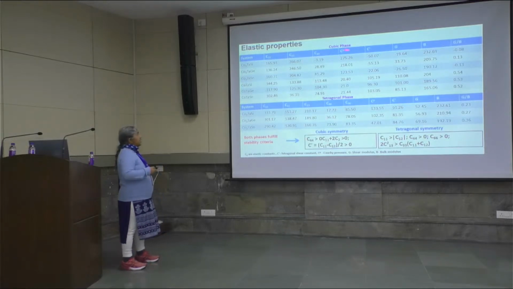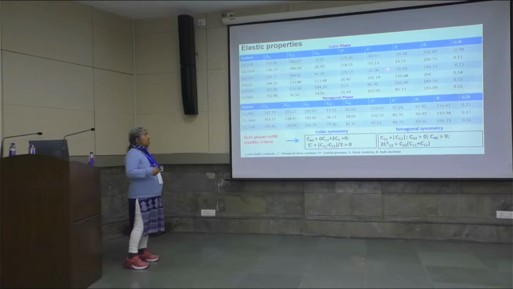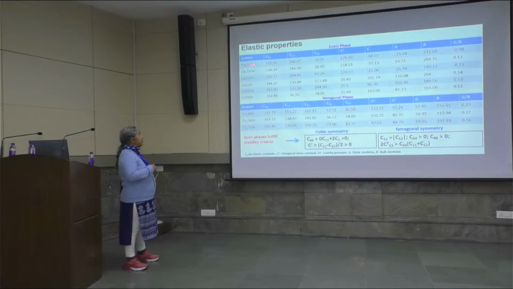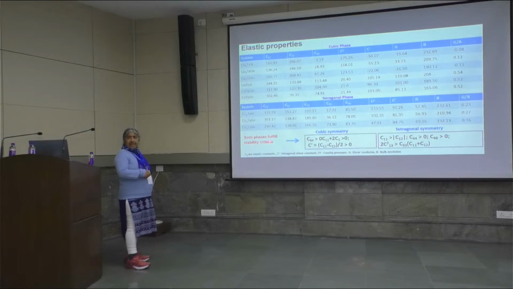Elastic properties are always calculated because, as Professor Pandey also said, these are very important properties, and many things one can discover or come to a conclusion on the basis of elastic properties. Here I am just touching on the stability criteria. For cubic symmetry, these are all the elastic constants, as well as C prime, the tetragonal shear constant.